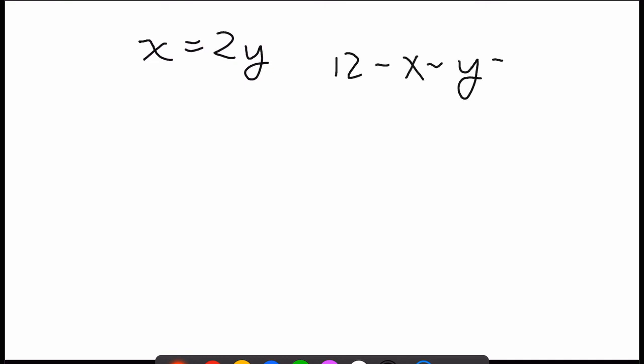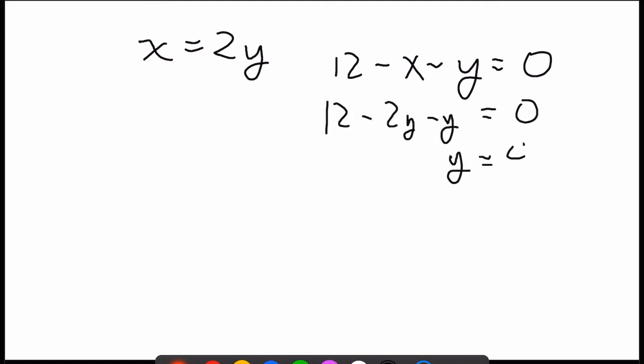So we still get that x equals 2y, right, if we do the math. X equals 2y. And 12 minus x minus y equals 0. So 12 minus 2y minus y equals 0. Y equals 4. And so x equals 8.